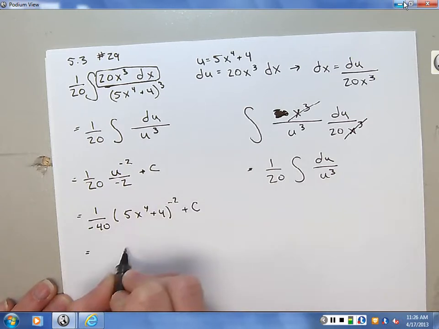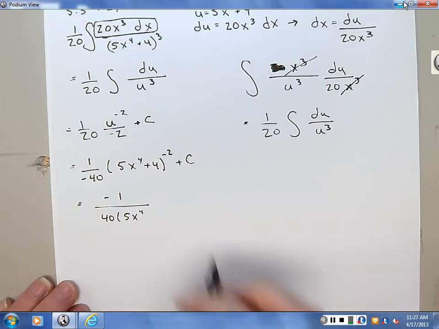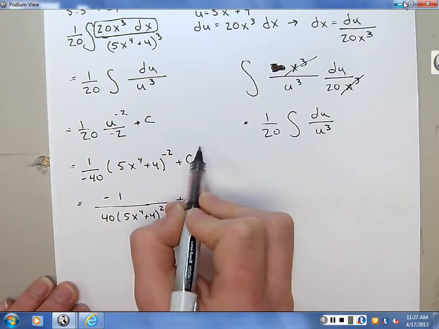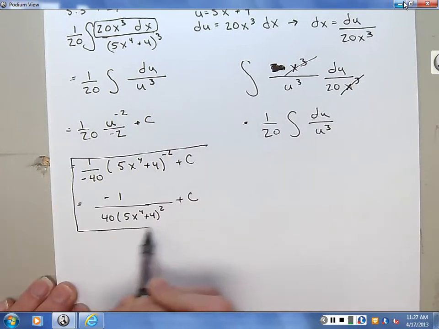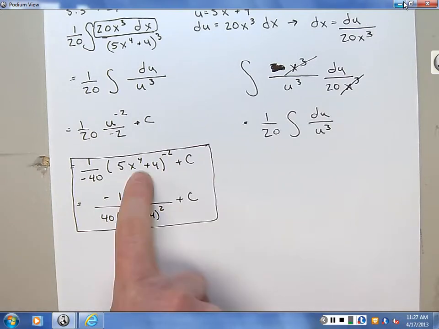Of course, I could write that as minus 1 over 40 times 5x to the 4th plus 4 squared, plus c. But generally, I just like to write everything in the numerator with negative powers. It's no big deal. If I was to differentiate it, it would be a lot easier to differentiate this.